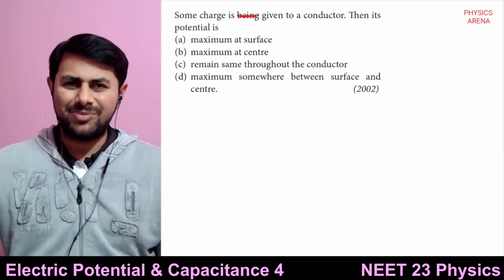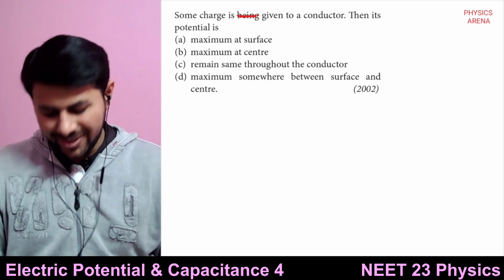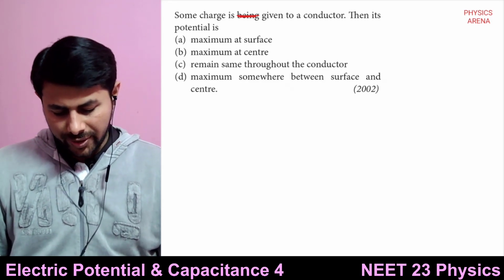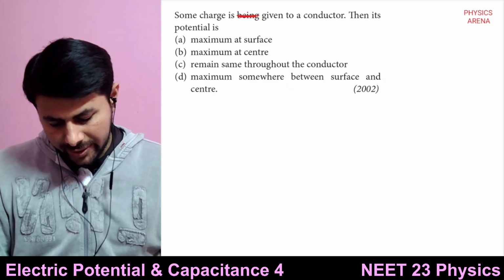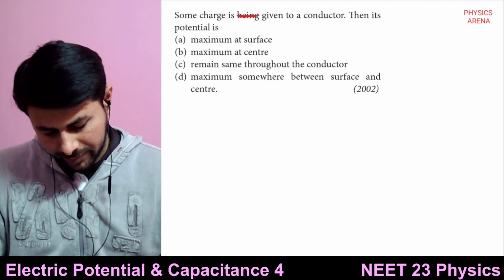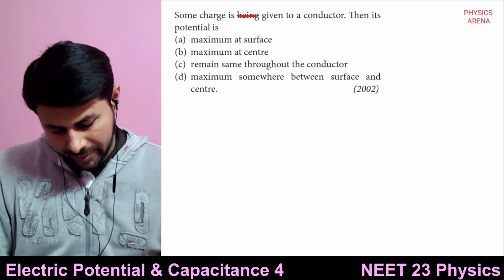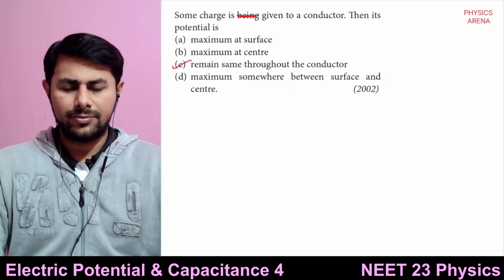If charge is being given, then potential will keep on increasing, right? So charge is given to the conductor. We know what will happen. The potential throughout will be equal.